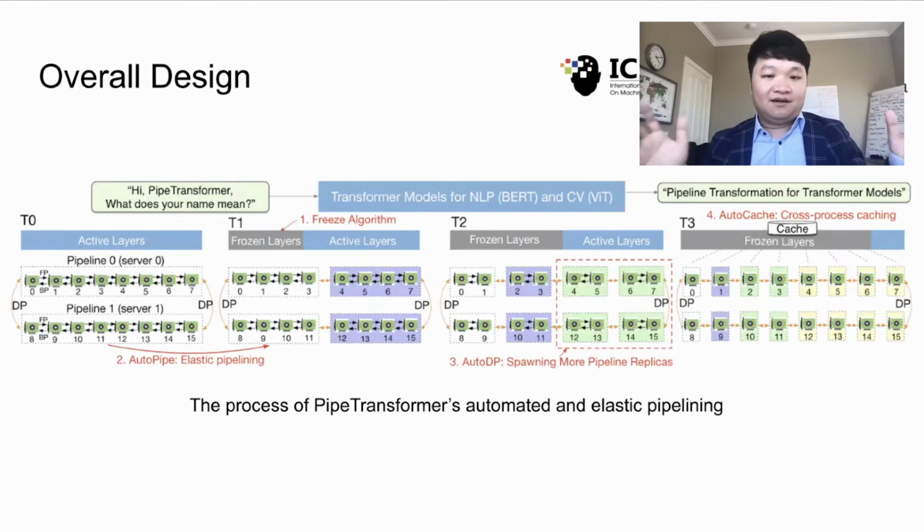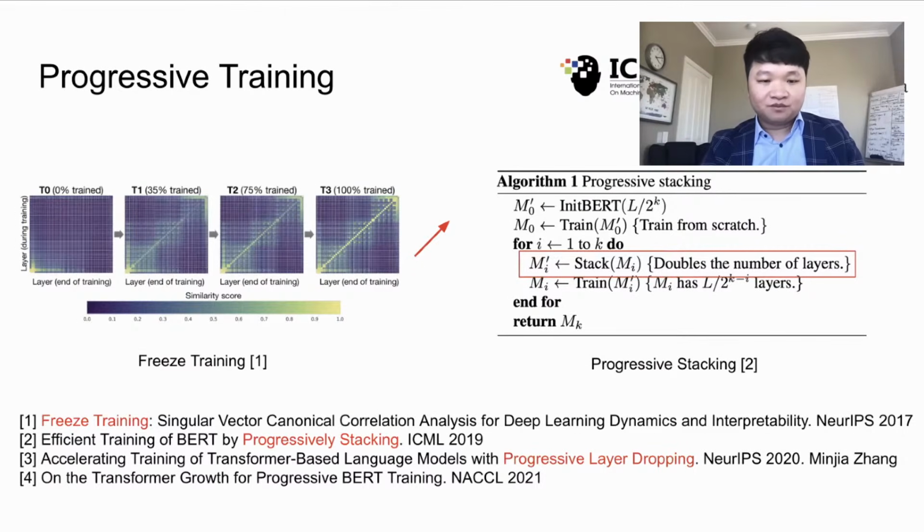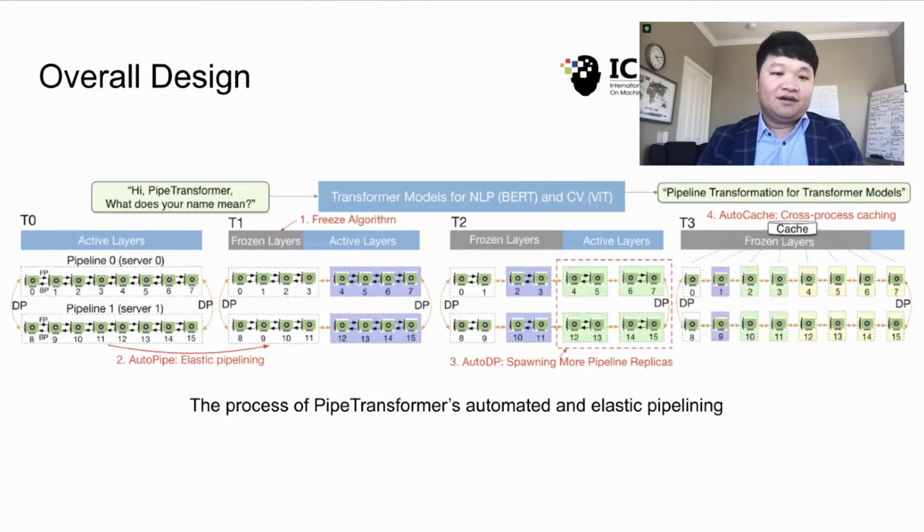Inspired by these 2 lines of work, we designed PipeTransformer to amplify the properties of progressive training. The idea is very interesting: we make the system dynamic and elastic. At the very beginning, as you can see, we have 2 machines.